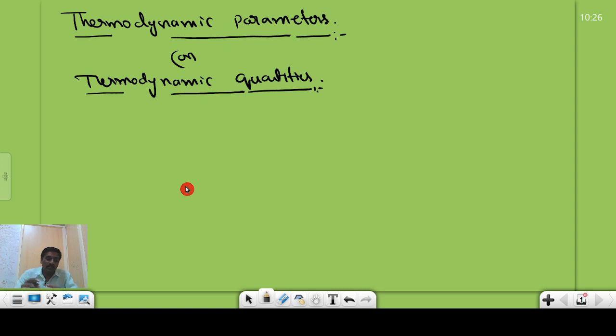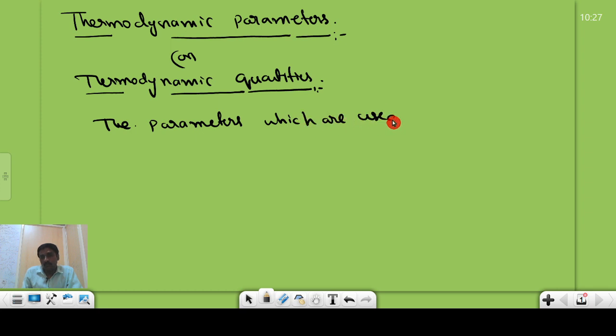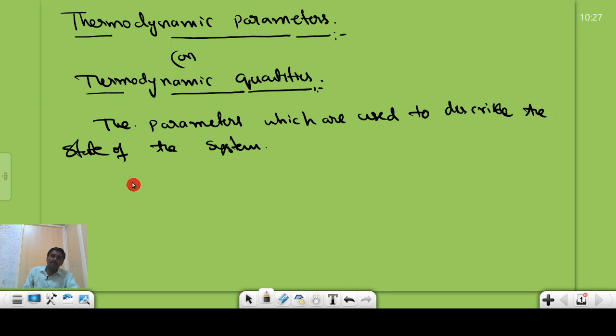Thermodynamic parameters, or thermodynamic quantities, means the quantities or parameters which are used to describe the state of the system. Those parameters are called the thermodynamic parameters, or those quantities are called the thermodynamic quantities.